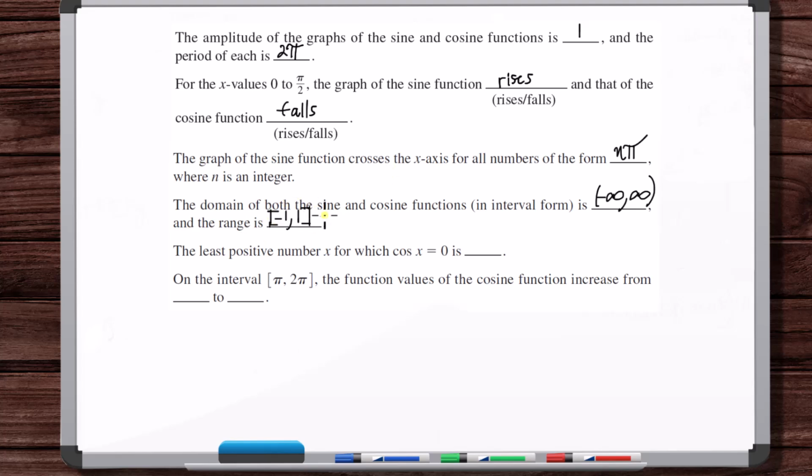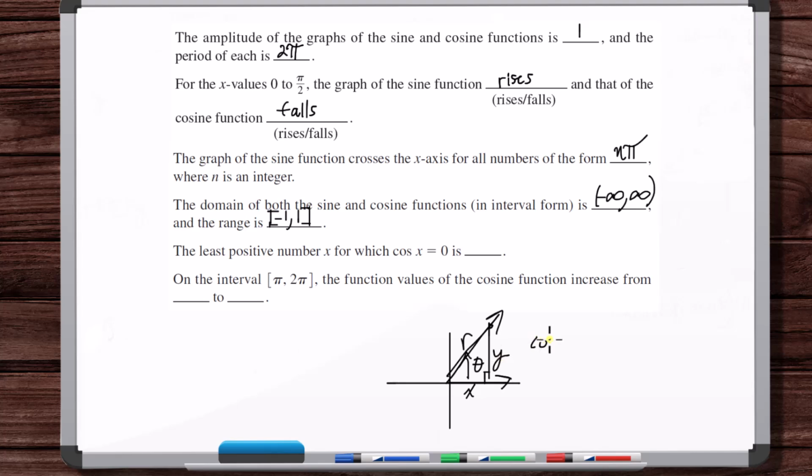The least positive number x for which cosine x is equal to 0 is, so the least positive number. Okay, so we think about the definition. Cosine is 0 at the vertical because x goes to 0.